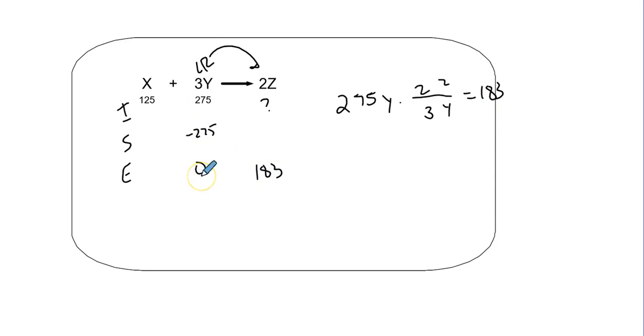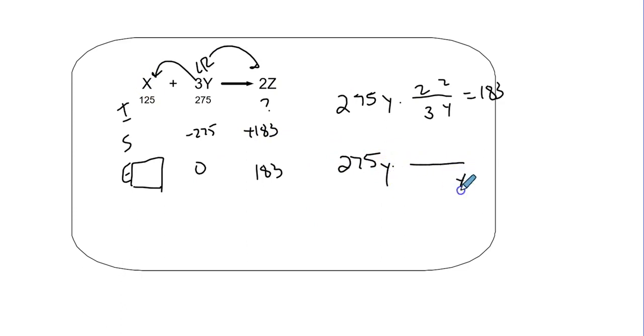This should have worked. Let's go back and just figure out how much excess we have here, just because it's a common question. Jump here. Again, every time I'm using an arrow, I'm using the stoich ratio. This is a 3-to-1 ratio. And this would be plus 183. So I'm going to do this here, 275 Y's.